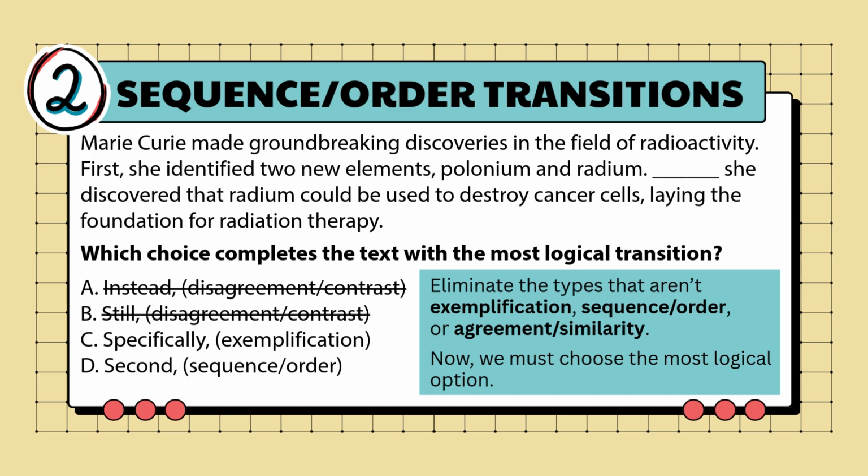I want to keep specifically because it is an exemplification transition type, and that is one of the three tested on this exam. I also want to keep second because it is one of the common sequence order transitions, along with first, previously, before, later, finally, next, then, and subsequently. Now we must choose the most logical option.